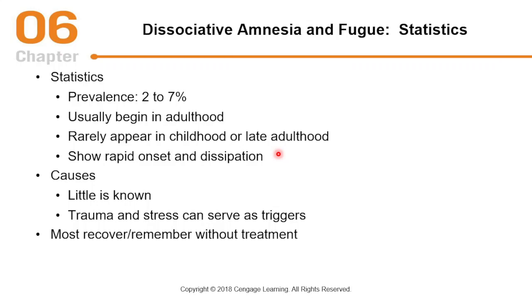Likely, attribute mo na siya sa neurocognitive decline. So, it's more on Alzheimer's or dementia na. And then, it is rapid onset and dissipation. So, pag nakita mo na kagad, lalo na pag nag-fugue na siya, tapos pinaliwanag mo, usually bumabalik naman sa kanila yung mga information na dapat alam nila.